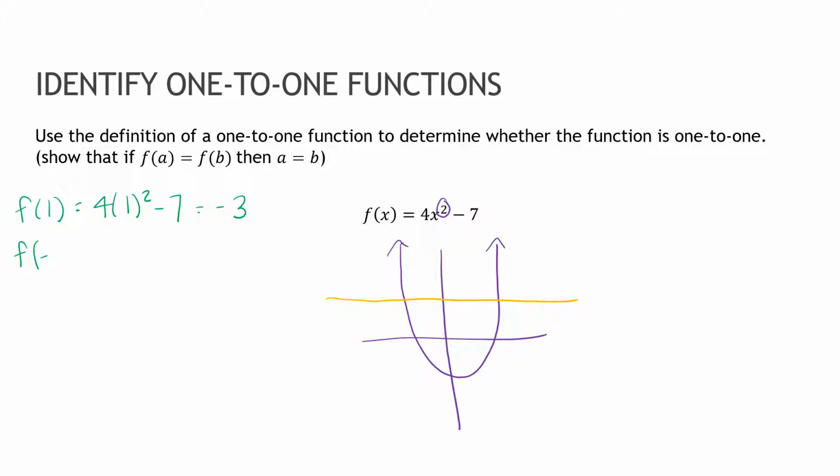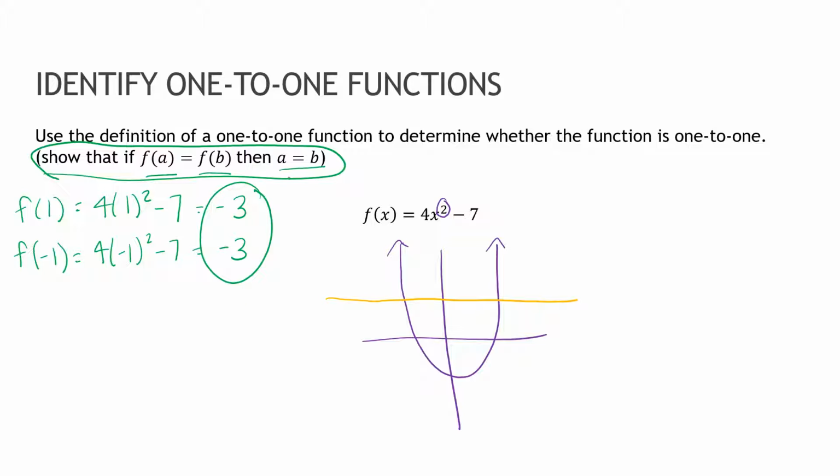Then I could also plug in negative 1, so 4 times negative 1 squared minus 7 would still be 4 minus 7, which is negative 3. So this mathematically shows that even though f of a equals f of b, a does not equal b, and therefore it is not a one-to-one function.